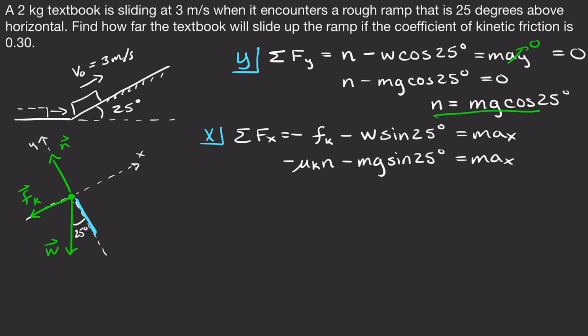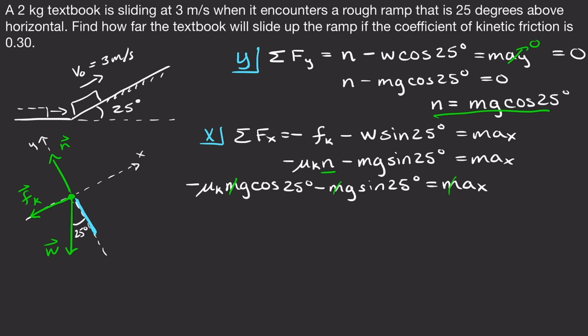And since I found the normal force in the y equation, now I can substitute it in here. Okay, so I get minus mu k times n, which is mg cosine of 25 degrees, minus mg sine of 25 degrees is equal to mass times acceleration in x. Here I can notice I have mass in every single term, so I can divide it through and get rid of it.